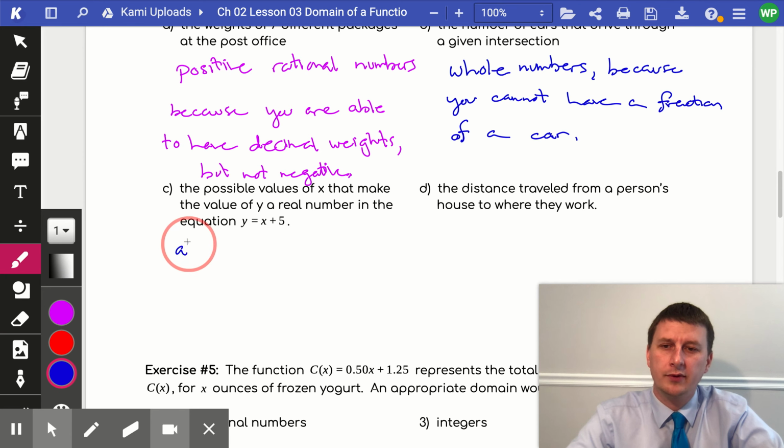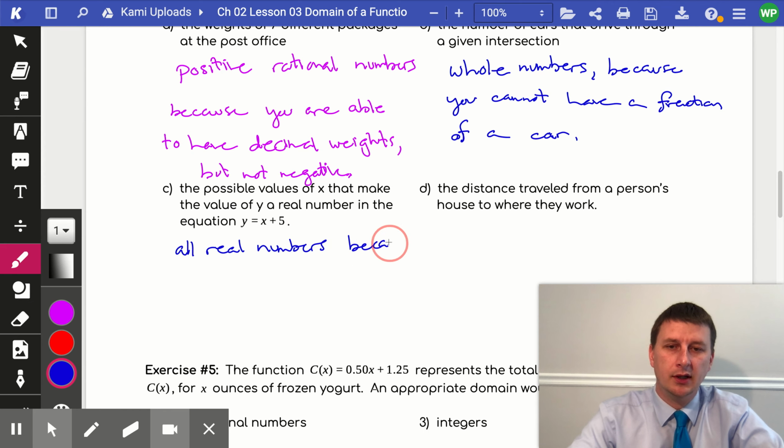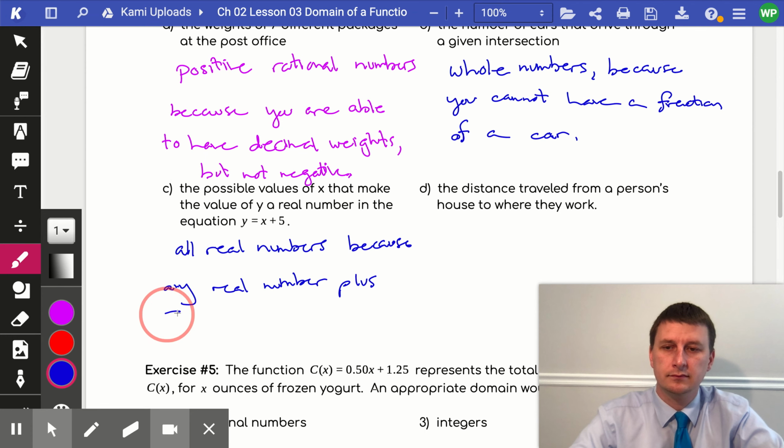So it would be all real numbers here, because any real number plus 5 results in a real number.